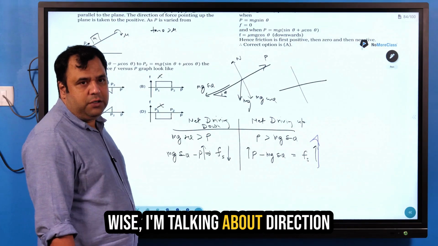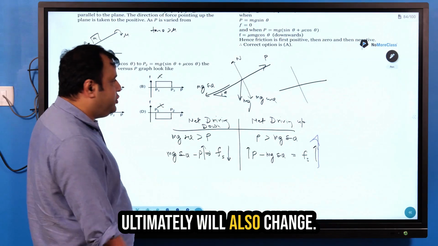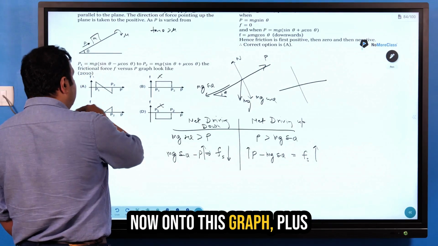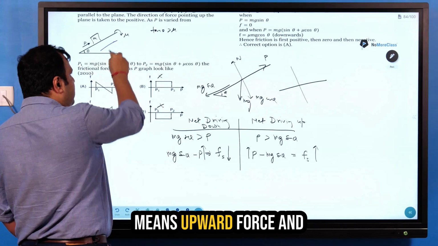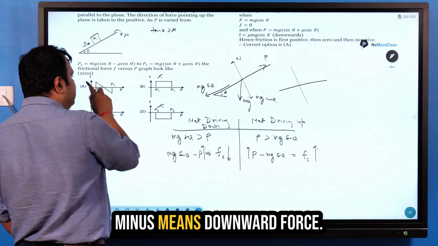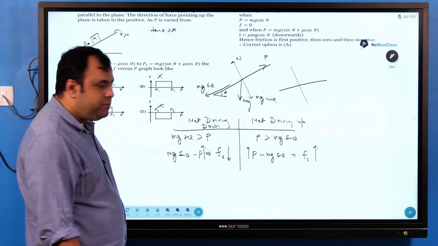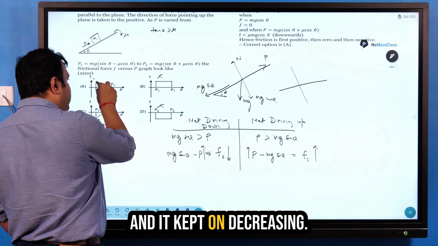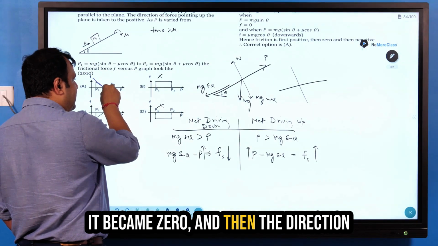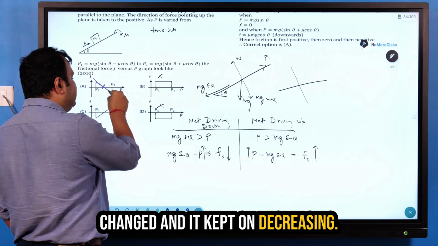Magnitude wise, I'm talking about, direction ultimately will also change. Now, onto this graph, plus means upward force and minus means downward force. So in the beginning, friction was in the upward direction and it kept on decreasing. It became zero, and then the direction changed and it kept on increasing.